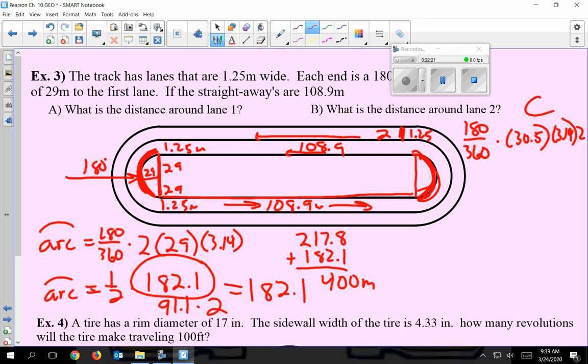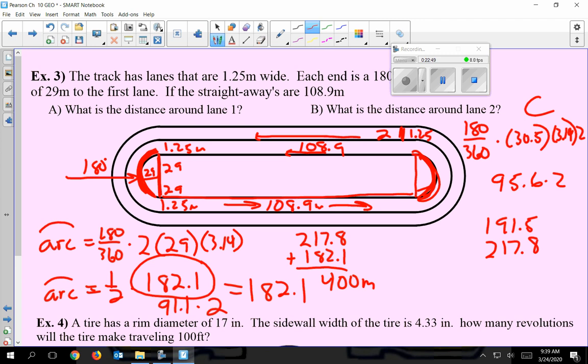So if I do all that math, I'm still getting an arc measure here, sorry, of now 95.6, but I need to double that, and I'm getting about 191.5.